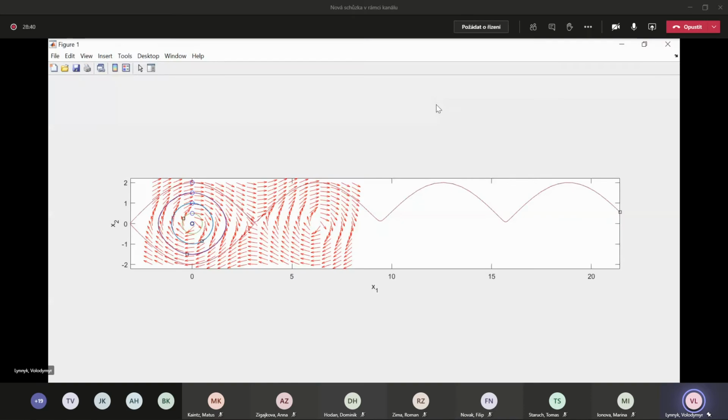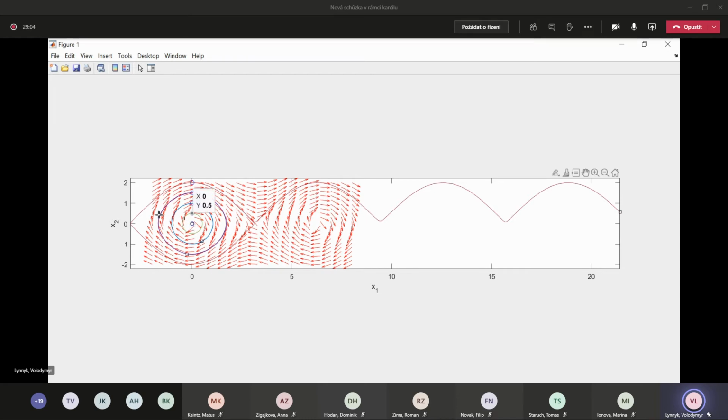We can start with a solution. For example, we can choose the initial condition x1 equal to 0 and x2 equal to 0, and we stay at 0.